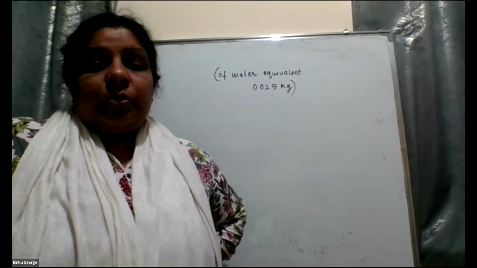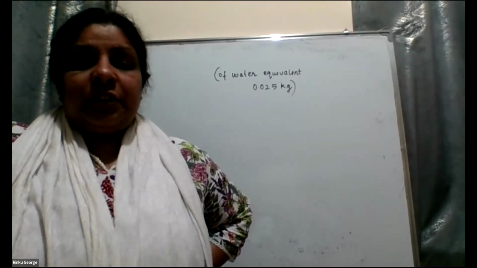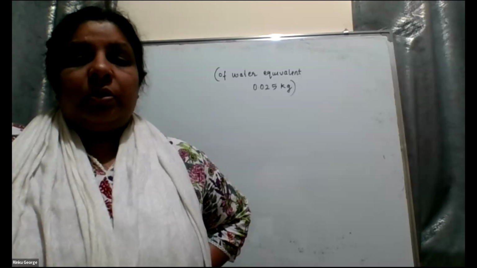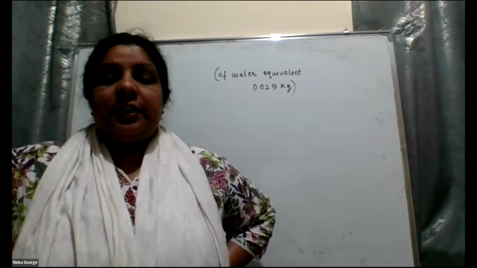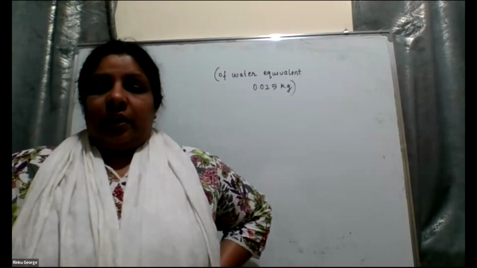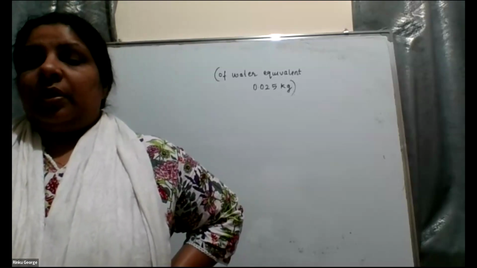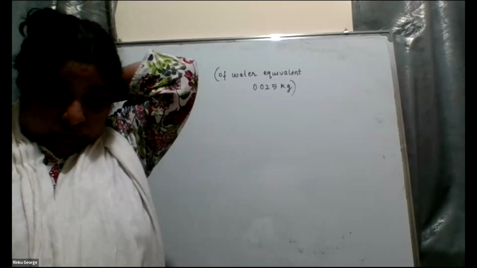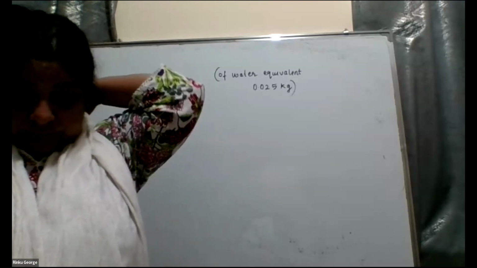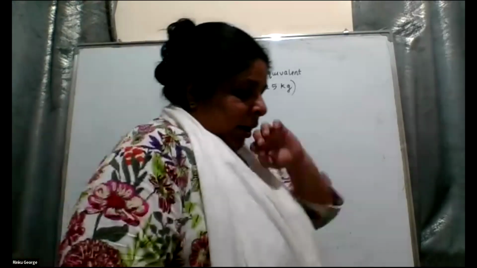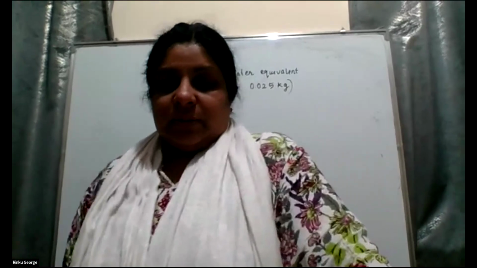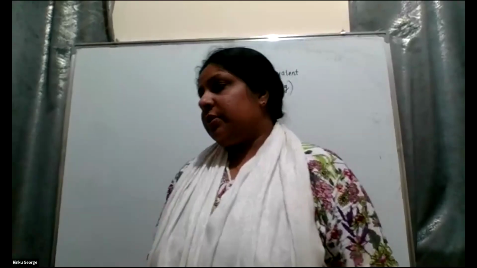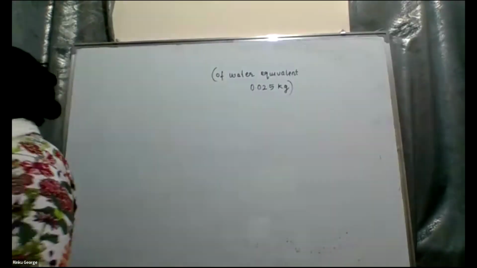I'll read again. 0.20 kg block of a metal at 150 degrees Celsius is dropped in a copper calorimeter of water equivalent 0.025 kg containing 150 centimeter cube of water at 27 degrees Celsius.